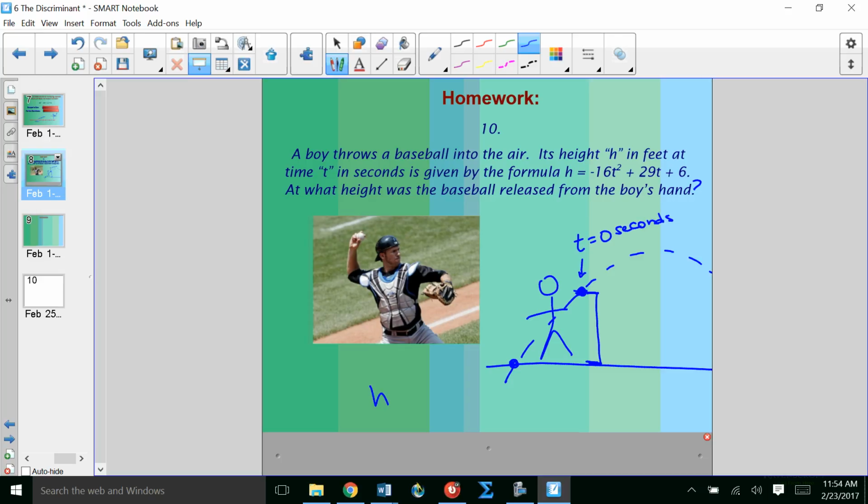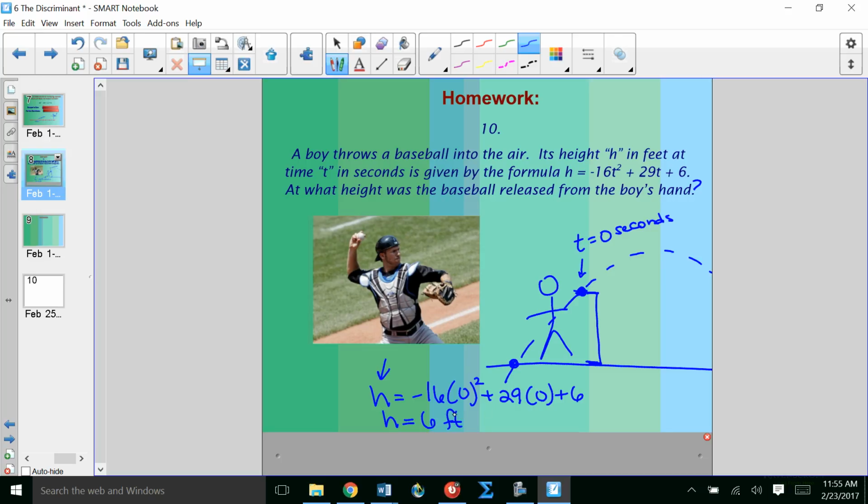With this equation, you would replace t with 0, because we're looking for the height at 0 seconds. You would solve, and 0 times all this plus 0 times that plus 6 tells you that the height is 6 feet. In this case, they told us it was feet.